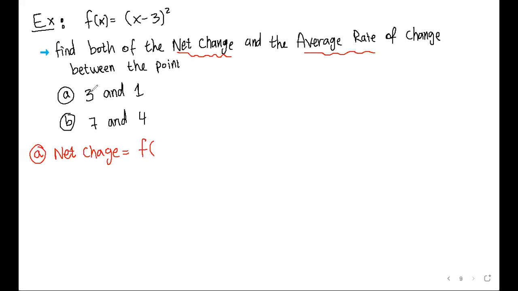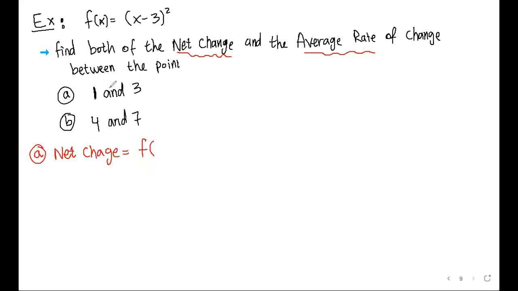Actually I start from the smaller, so here this is my 1 and 3, and here 4 and 7. In general you start from the smaller, but it doesn't matter where you start; I prefer to start from the small up to the large.